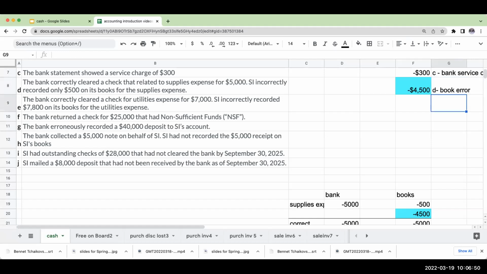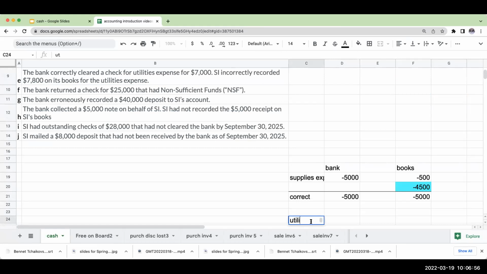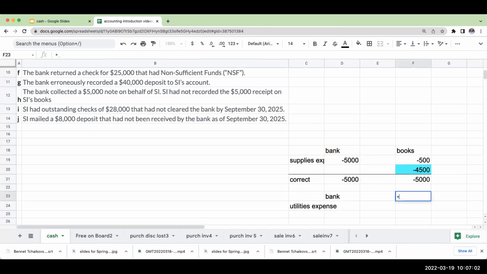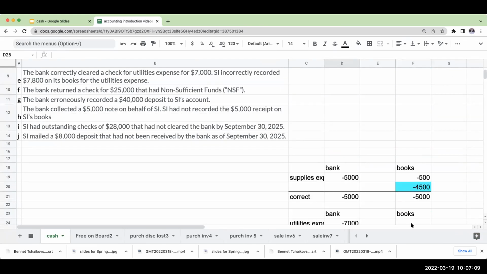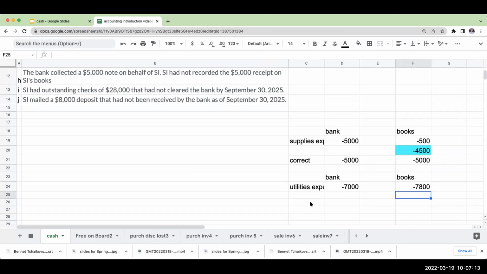Okay. Let's take a look at letter E. The bank correctly cleared a check for utilities expense for 7,000. Now over here on my books, I had actually shown a negative 7,800.